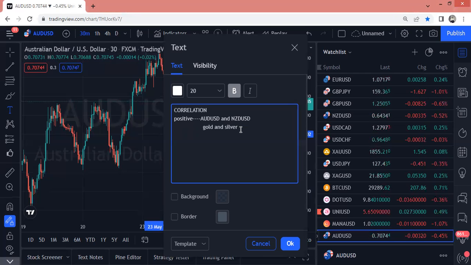Then we also have another set of pairs that flow together. We have Euro AUD and Euro NZD. Now, one thing you need to understand, these moves may not happen immediately.